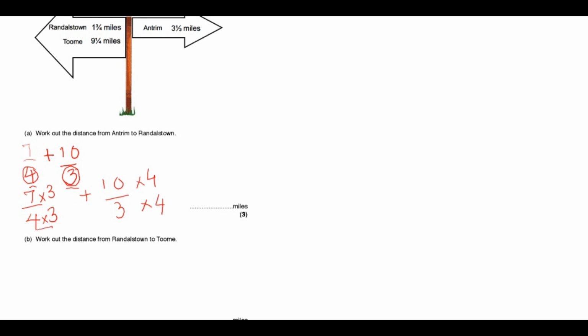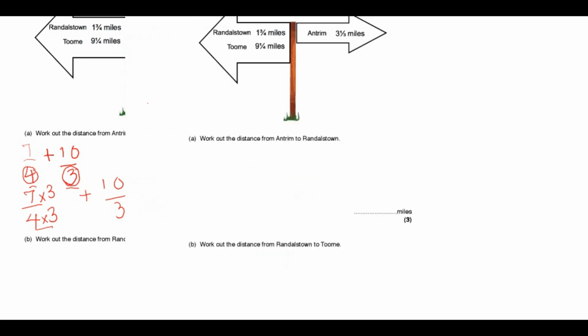So now we will have 7 times 3 is 21. And in the denominator you are going to have 12. Then 10 times 4 is 40 and 12. So when you add 21 and 40, you will get 61 divided by 12. Again, if you look here, you have an improper fraction. So what can we do here?